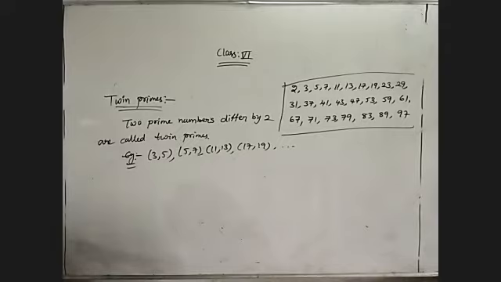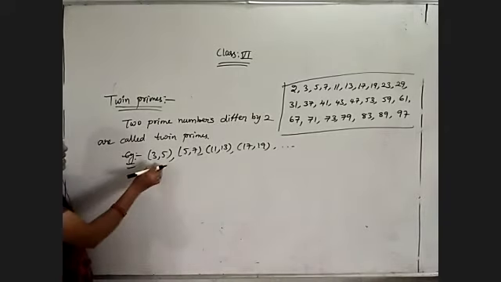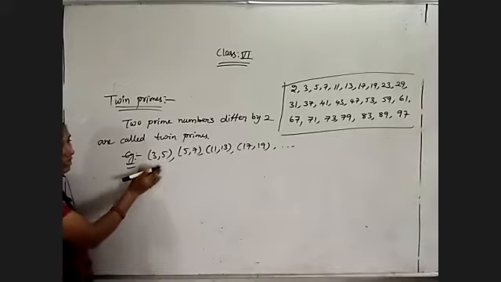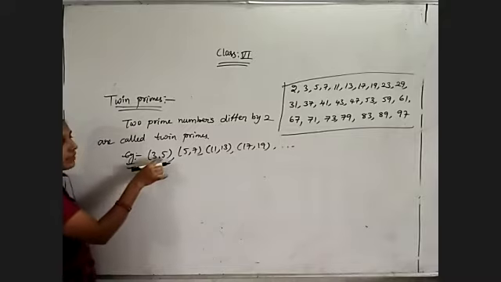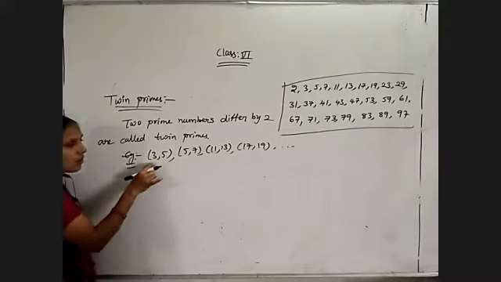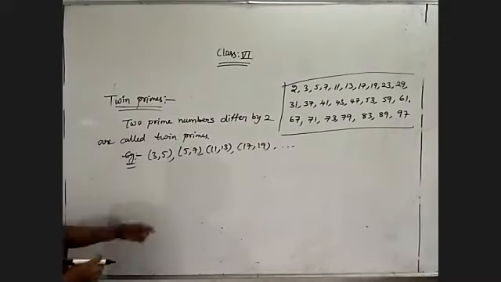Coming to my next question, are all twin primes relatively prime? Relatively prime means co-primes. Is every twin prime a co-prime or not? Take 3 and 5. The factors of 3 are 1 and 3, and of 5 are 1 and 5. They have only 1 as their common factor, because these are prime numbers.